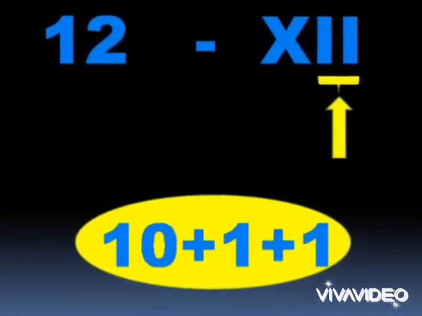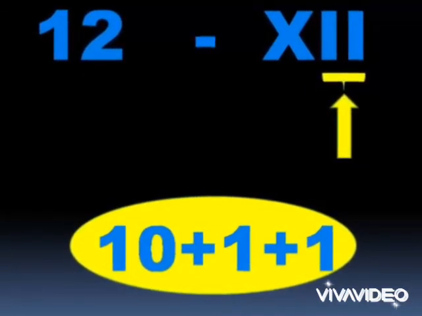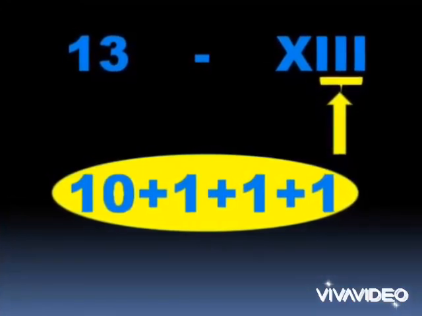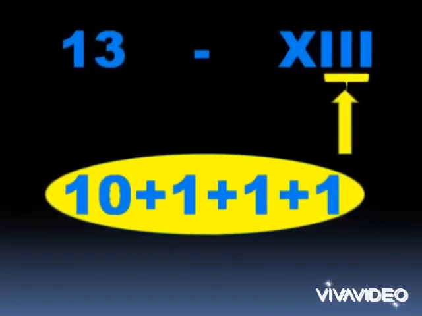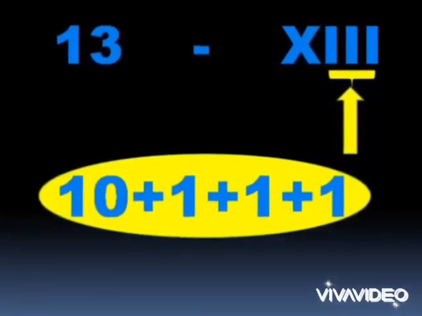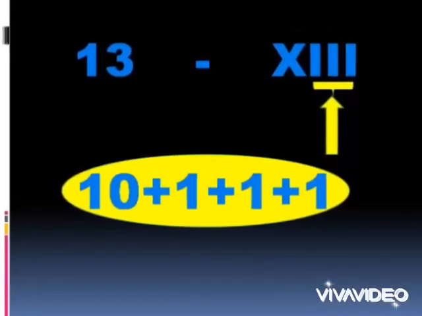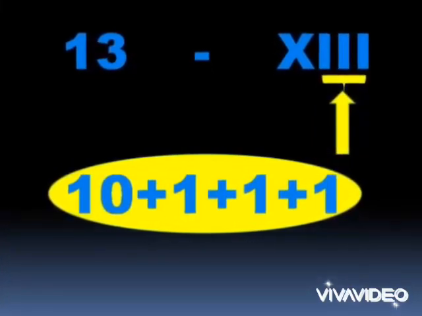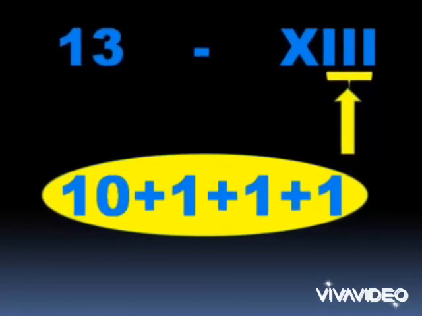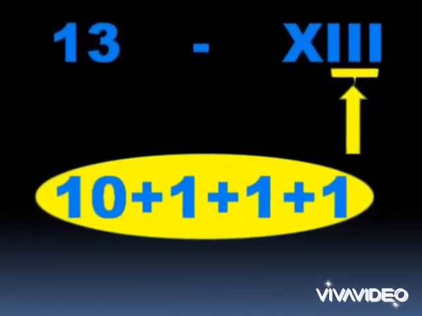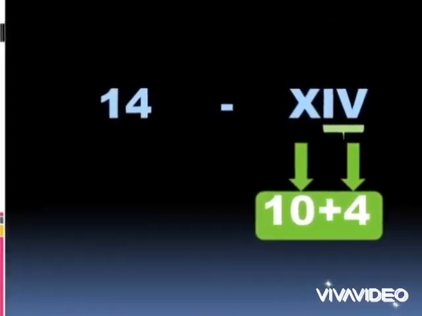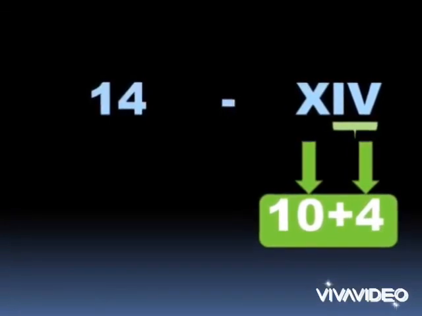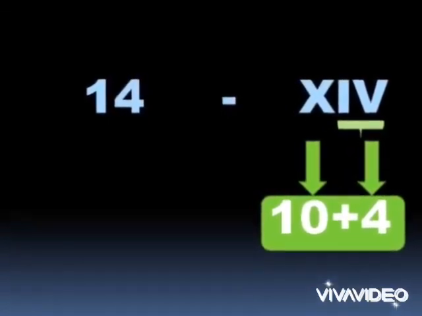For writing 13, we write in Roman numerals as XIII. That makes it 10 plus 1 plus 1 plus 1, which is 13. Now when we write XIV, that is having the value 14 because 4 is added to 10.